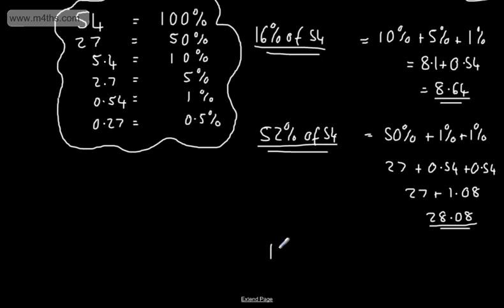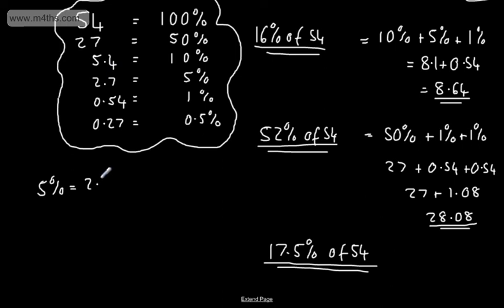Let's look at 17.5%. There are a couple of different ways that we could do this one as well. So we're going to look without a calculator to find 17.5%. What I could do now is half this quantity here. So we know that 5% is going to be equal to 2.7. Therefore, half of that, which is 2.5%, is going to be 1.35.